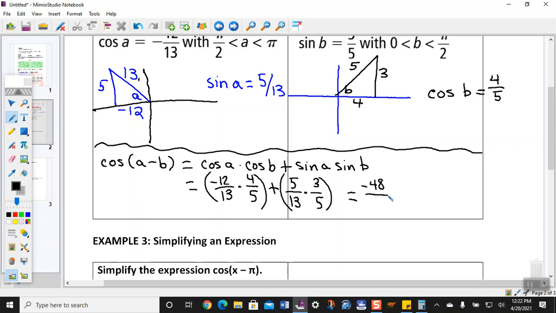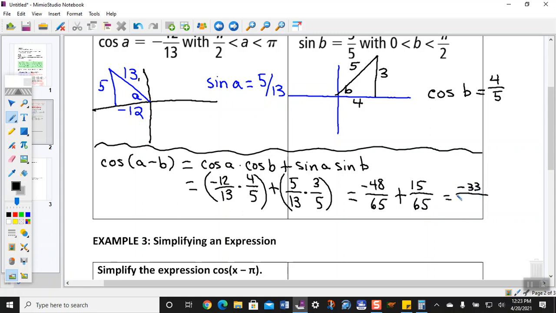Okay, and then the nice part about the second product is that when we multiply 5 and 3, what value up top? 15. Okay, so we're going to get another product of 13 and 5 on the bottom, which is 65 again. Really nice because common denominators. So in the end we can simplify that. What's negative 48 and 15 going to add to? Negative 33 over what? 65.